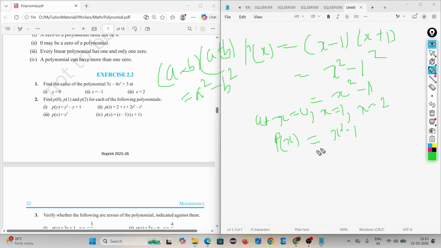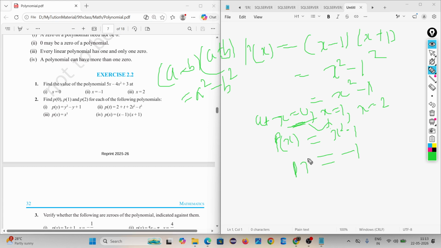You have to find the value at x equal to 0. 0 minus 1, minus 1, sir.